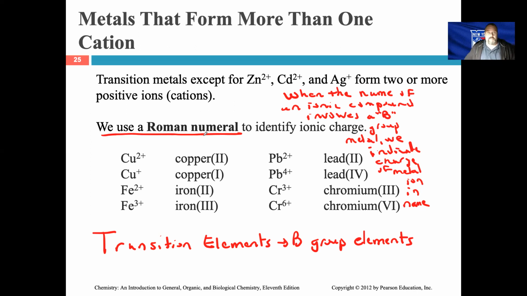So if you have copper with a 2+ charge, in the name you would write copper(II). You put the Roman numeral in parentheses as well. Copper with a +1 charge, copper(I). Iron with a +2 charge, iron(II). Iron with a +3 charge, iron(III), and so forth.